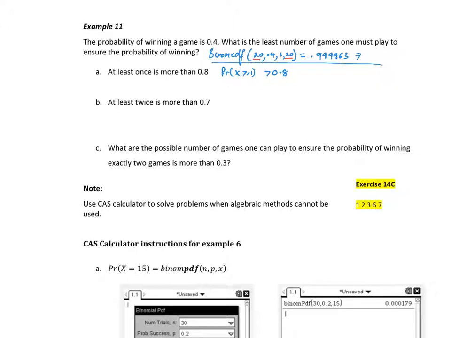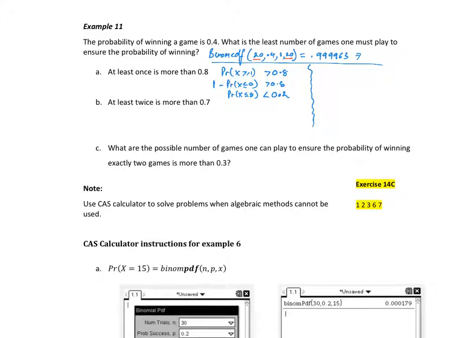So instead, let's write that as 1 minus the probability that x is less than 1, which means if I rearrange things, that's the same as saying the probability that x is less than or equal to 0 has got to be less than 0.2.